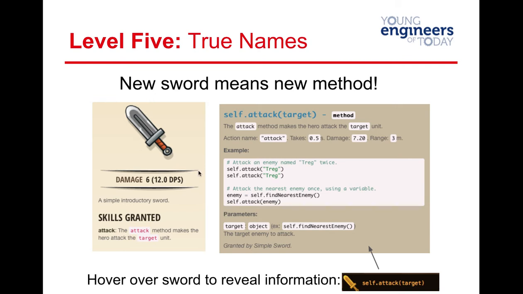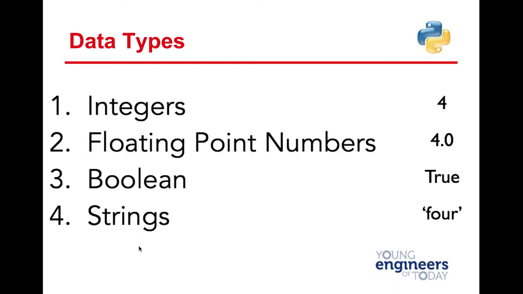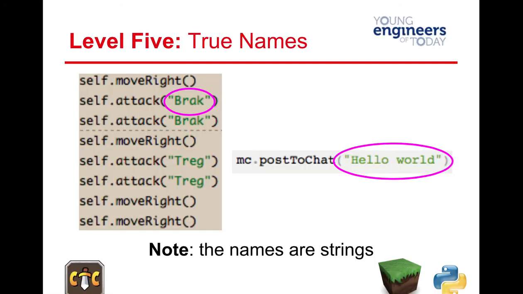Really, I want you guys to download the PDF from Edmodo and work through it. So when you get to level 5, you read about this. It's going to introduce concepts like strings, which we went over in Python, and we're going to see in our Minecraft Python lessons.